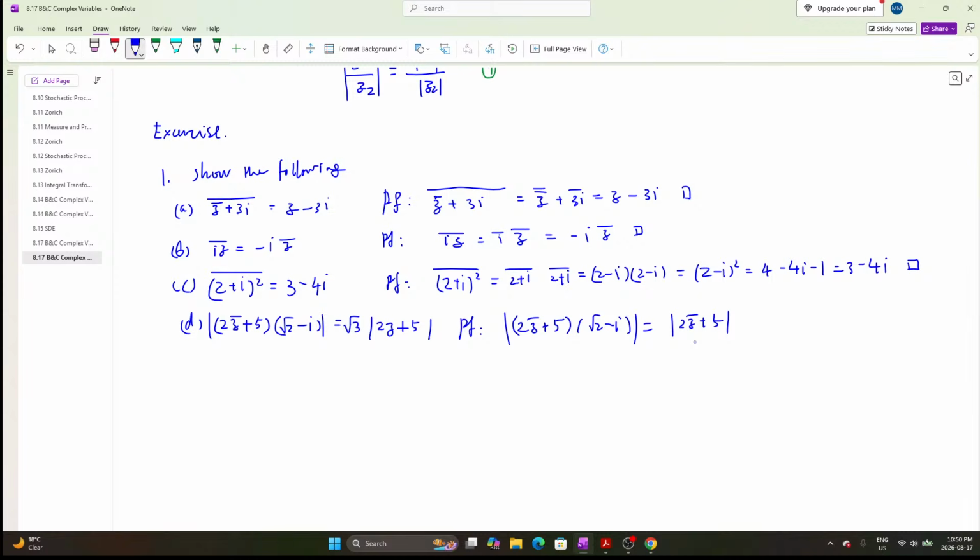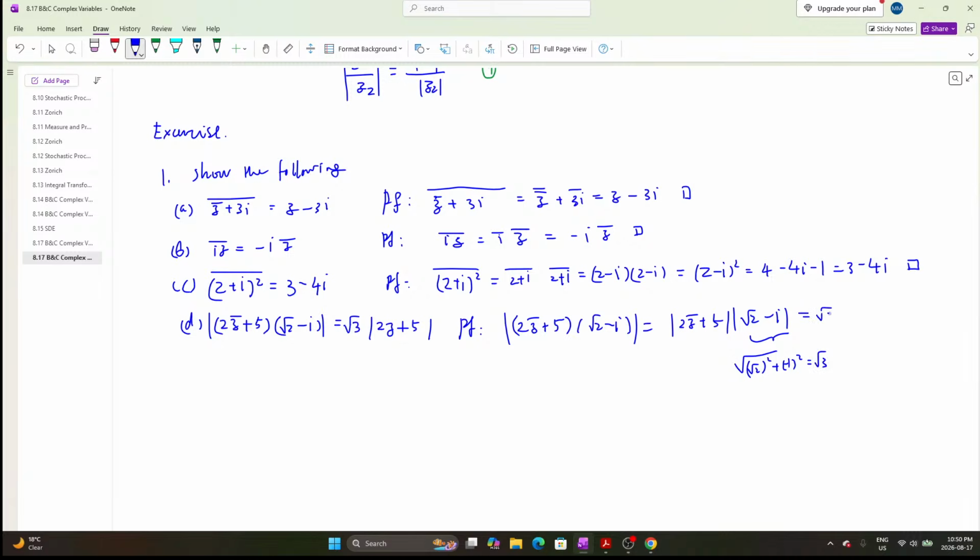First of all, break the moduli this way. The modulus of square root of 2 minus i is the square root of 2 squared plus a minus 1 squared, so that's the square root of 3.